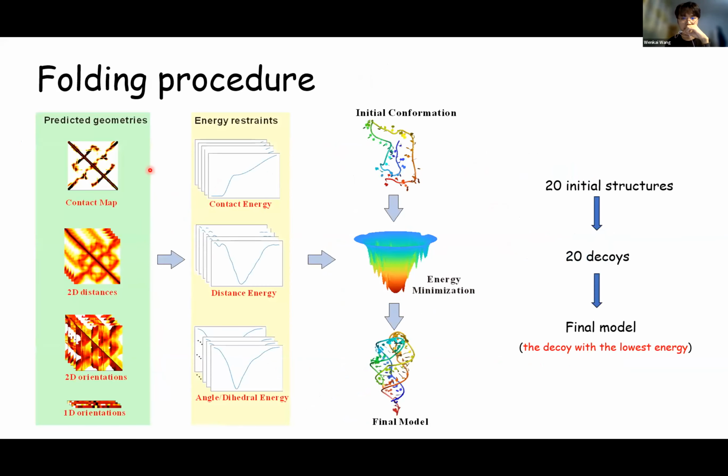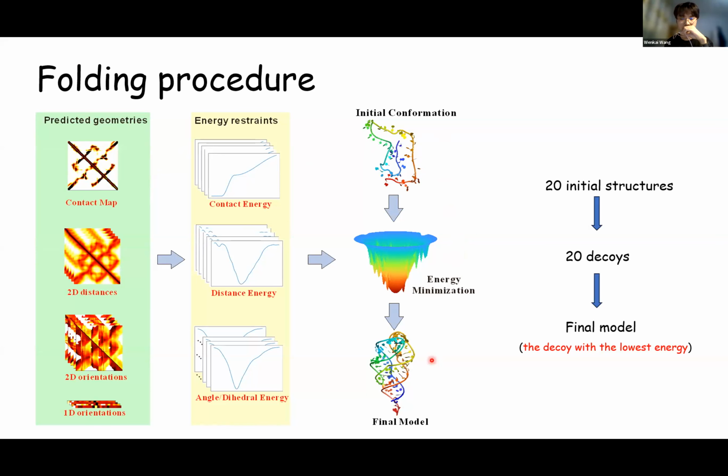After the neural network, we transform the predicted distribution of geometries into energy potentials. These potentials exhibit a negative correlation with the probability values. Starting from a random initial structure, we employ the LBFGS algorithm to refine these structures by minimizing the total energy.